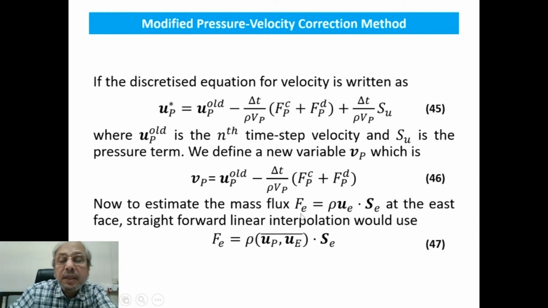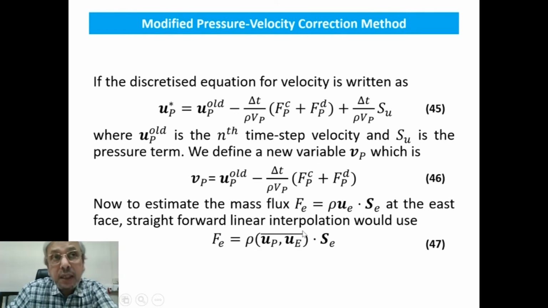Now to estimate the mass flux Fe, we write rho ue, that means rho u at the eastern face center, at the east face. When we apply straightforward linear interpolation, basically the eastern neighbor E and the cell of interest P get involved, and we interpolate between them linearly.